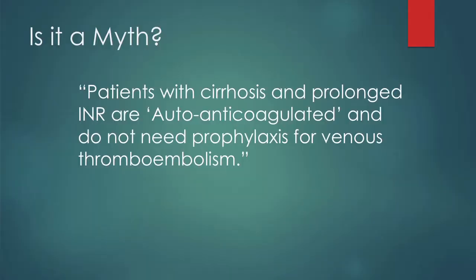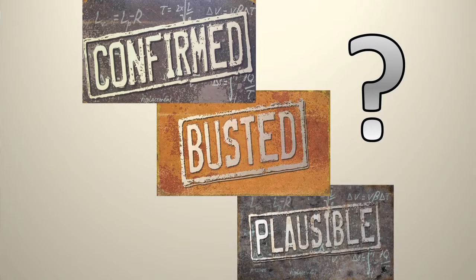I didn't find out. It's time to vote, I guess. Is it a myth? Patients with cirrhosis and prolonged INR are auto-anticoagulated, quote unquote, and do not need prophylaxis for venous thromboembolism. So how many think that this is a true statement, confirmed?